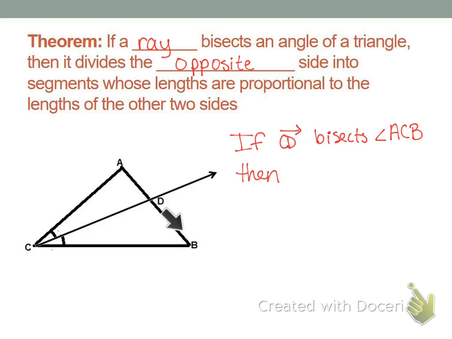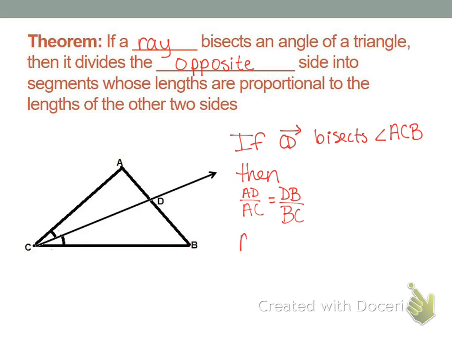But it splits this third side into proportional pieces to the other two sides. So one way we could set it up would be to compare AD to AC. And that would be equal to DB compared to BC. Again, not the only possibility, but it's one of them.